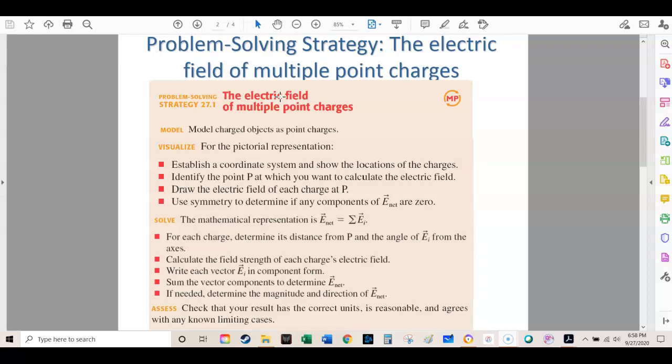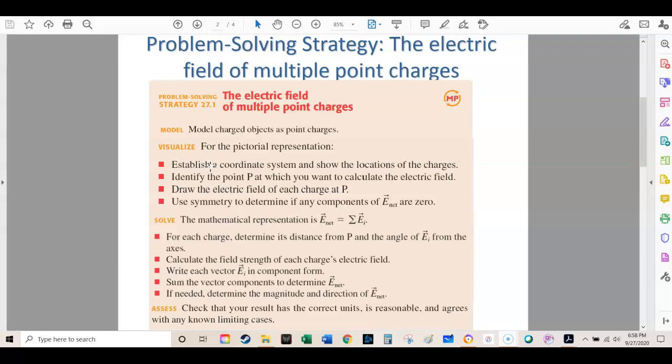Okay? So the basic procedure is this. To model those point charges and those overlapping electric field vectors at whatever point you're choosing, you're going to draw a pictorial representation if one is not supplied. You have to establish a coordinate system. Typically to the right is positive, to the left is negative, up is positive, down is negative.